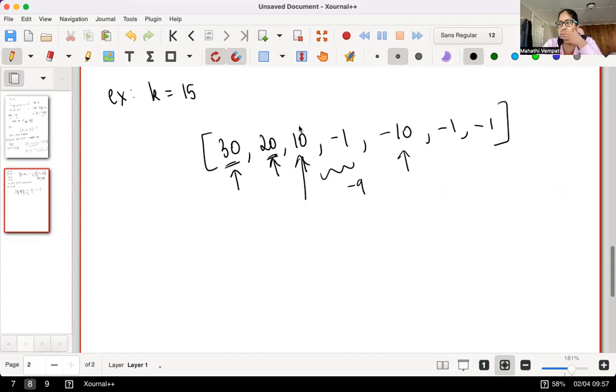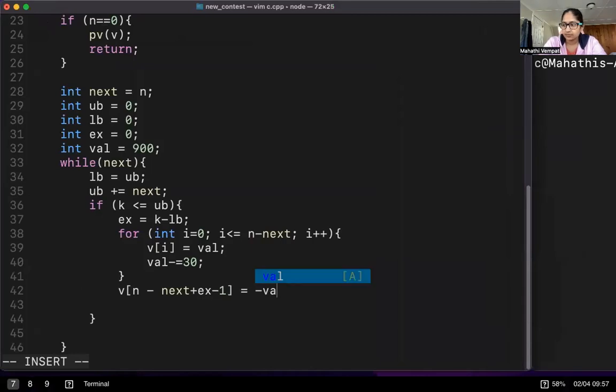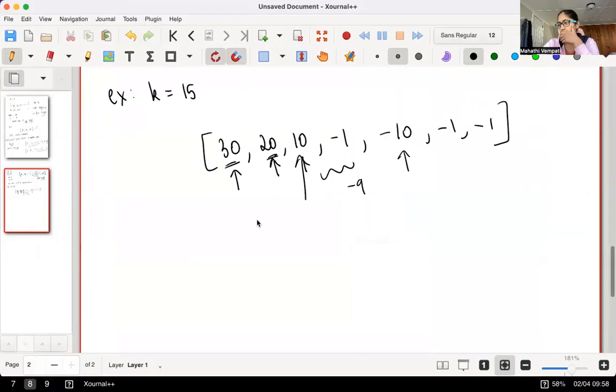So, seems super complicated. But yeah, what happens if extra was 1?